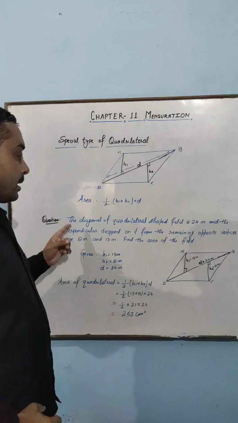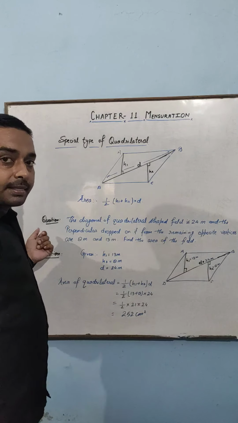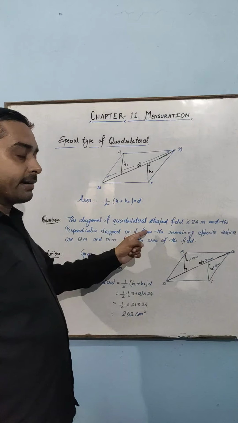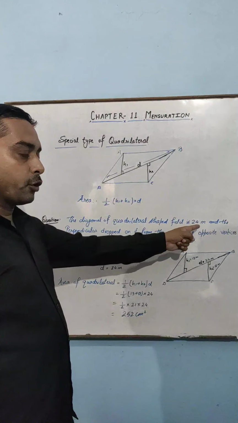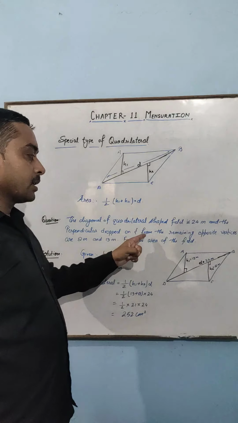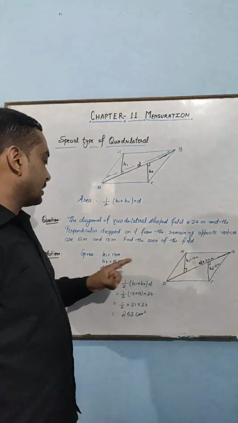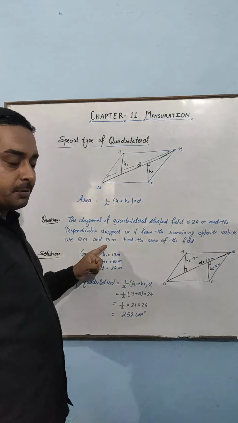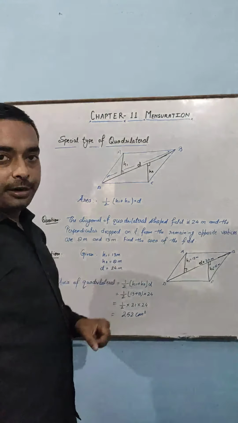There is one question. The diagonal of a quadrilateral shaped field is 24 meter and the perpendiculars dropped on it from the remaining opposite vertices are 8 meter and 13 meter. Find the area of the field.